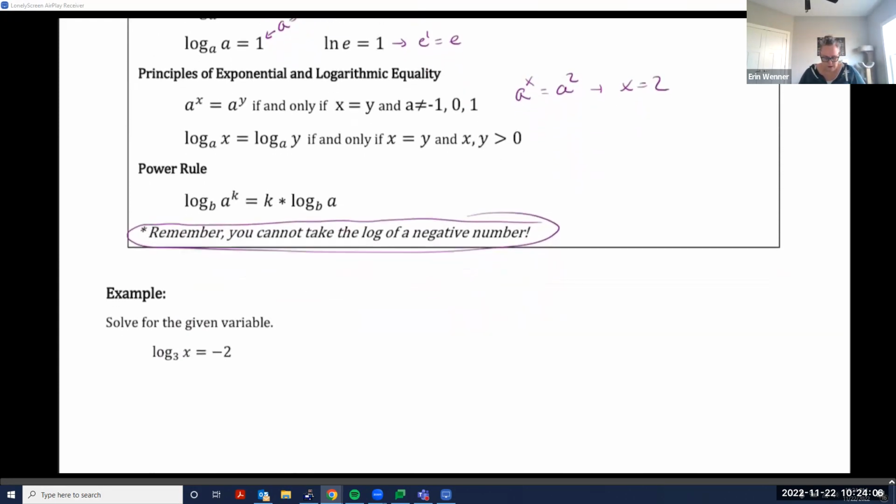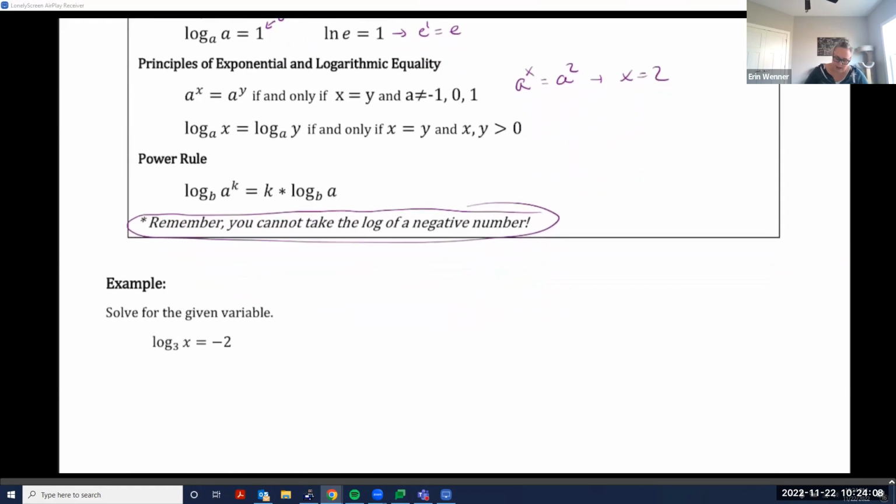So if you think about our steps, I'll make sure I'm using the same letters. I don't want to mess up our method. If I have log base a of x equals m, remember to switch this into exponential, I'm doing a to the m equals x.